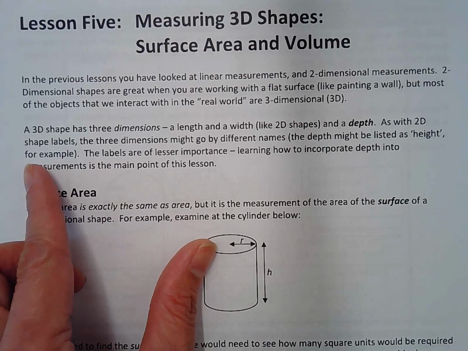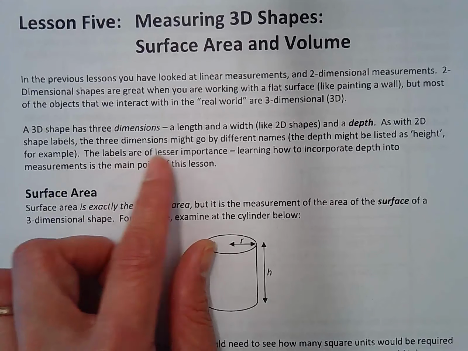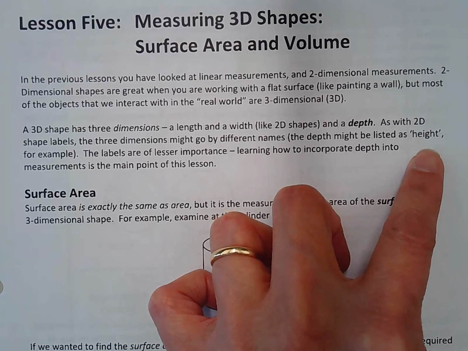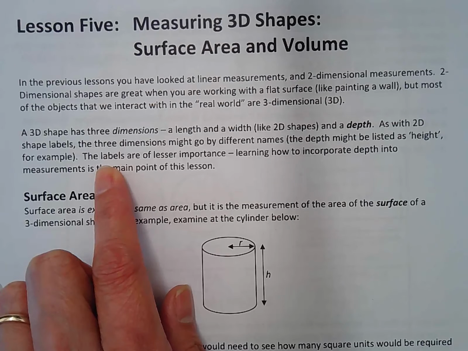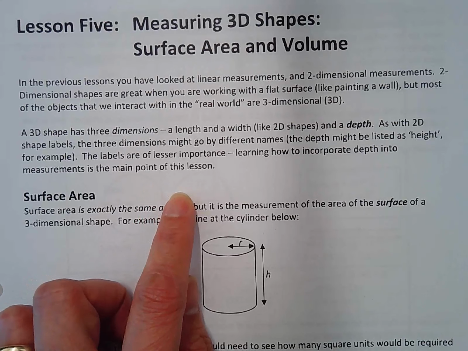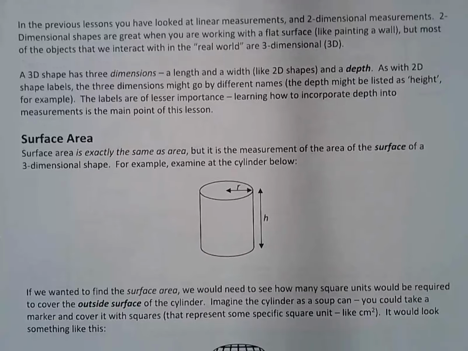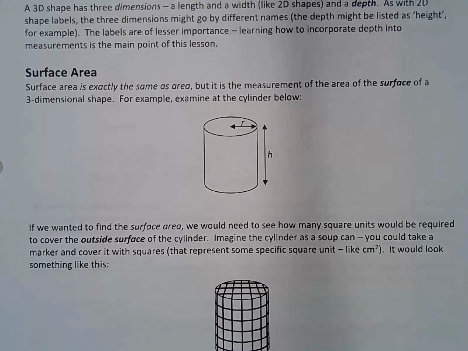With a 2D shape, the dimensions will have different names, so it might be height, for example. The labels are of less importance; learning how to incorporate depth into the measurement is the point of this lesson. So surface area. Do you know what shape this is called?